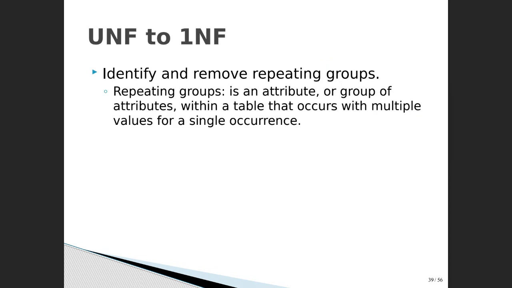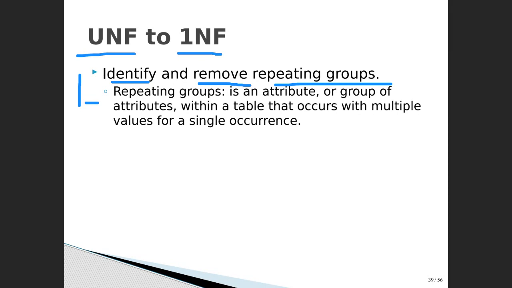So as I said, from unnormalized form to first normal form, we need to identify and remove repeating groups. Because the main goal in the first normal form is that each row and column will include only one value.